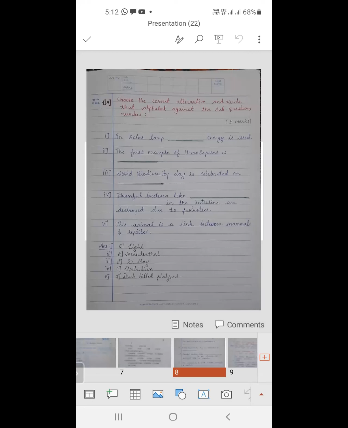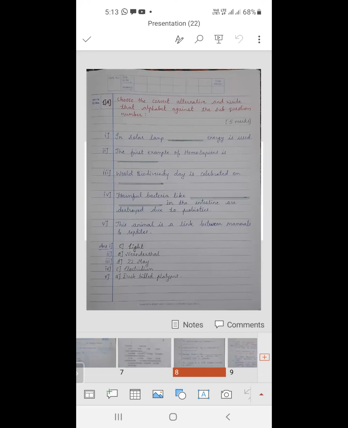Now, the second one: the first example of Homo sapiens is dash. Four options are given. A, Neanderthal, B, Dryopithecus, C, Cro-Magnon, and D, Ramapithecus. The correct option is A, Neanderthal.